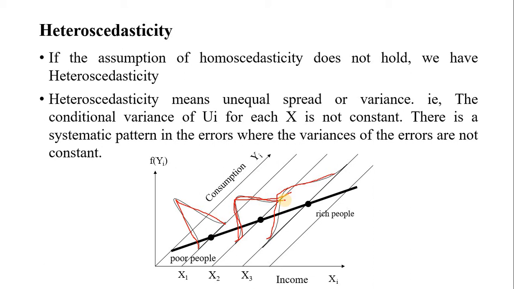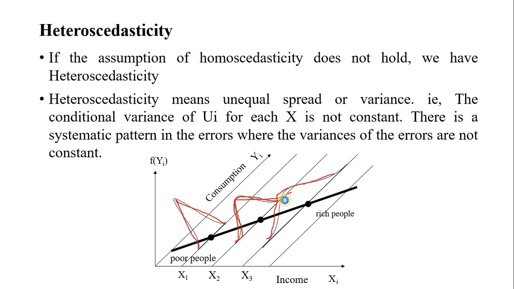Usually the variance is measured by the spread of the curves, and the mean is measured by the height of the curves. Here you can see that the heights are different, and similarly the variance, or the spread, is also different. What does it mean? For poor people, middle income people and rich people, the error terms conditional upon their income are different.